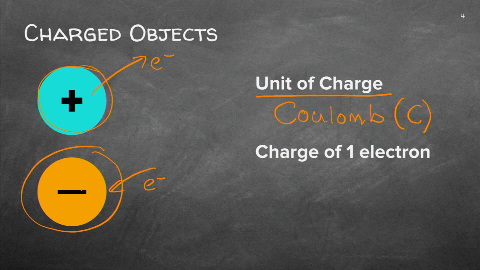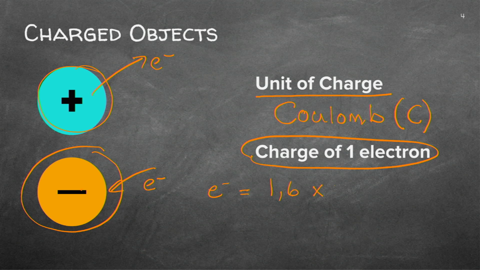We are going to get to the Coulomb charge now again. Make sure that you see on your information sheet that they actually provide you with the charge of 1 electron. If you see there, the charge of an electron is 1.6 times 10 to the power of minus 19 coulomb. It's very, very small.